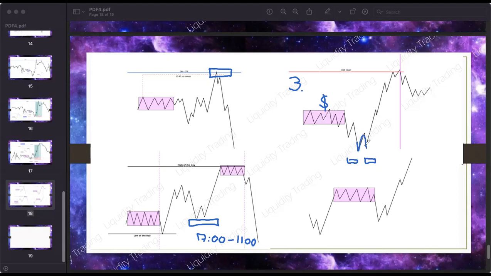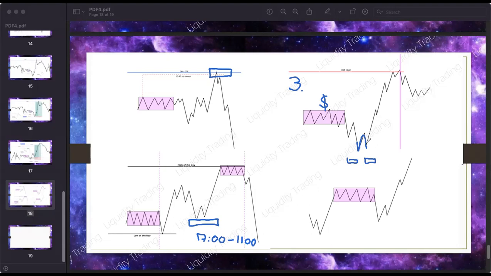pattern down here. So the market trades down London, and it will offer you an entry, which I will explain how to execute later on. So I will explain the execution and how to actually take this trade.